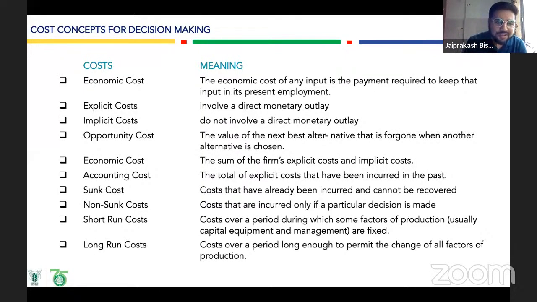Okay. So now coming to the sunk cost. Sunk costs are costs that have already been incurred and cannot be recovered. For example, if I have to start a crop production activity on some piece of land, and I have purchased the land, it means I have already invested some amount for purchasing the land.